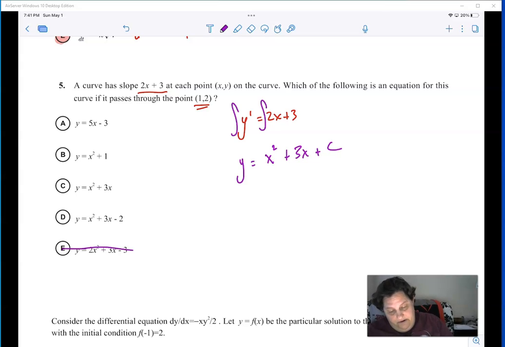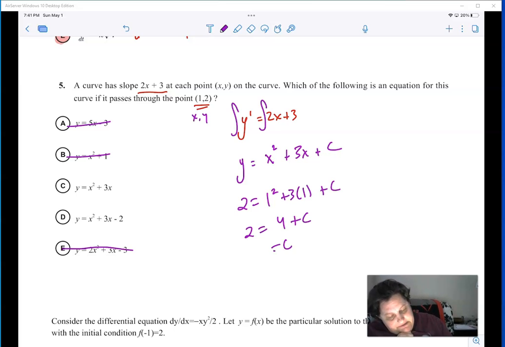I can basically already narrow it down to those, but I can find the constant by plugging in when x is 1, y is 2. So 2 is 4 plus c, so c is negative 2, so negative 2 is my constant. That's 10.